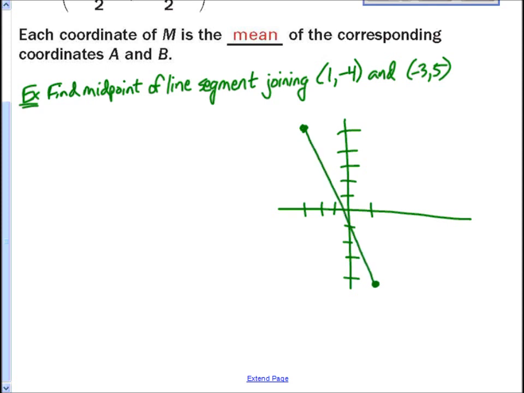You're going from this 1, -4, you got this -3, 5. What's the midpoint there of those two points? Of course, is our question. And you're like, well, I don't know. It's about right there, right, or so. On the line. About right there, okay? But we're not exactly sure because this is not perfectly vertical and it's not perfectly horizontal.